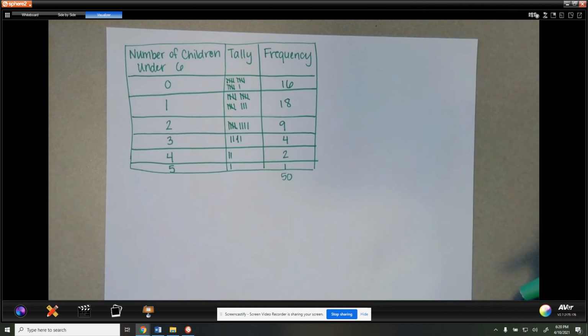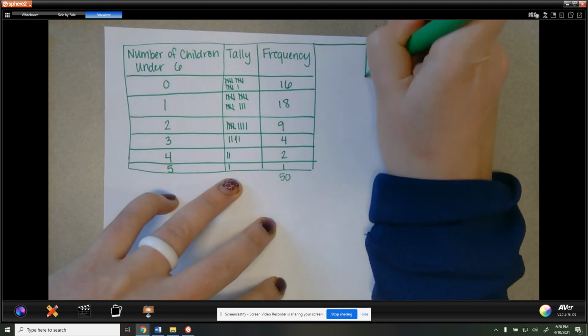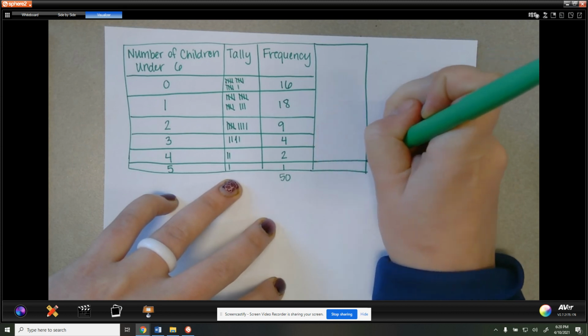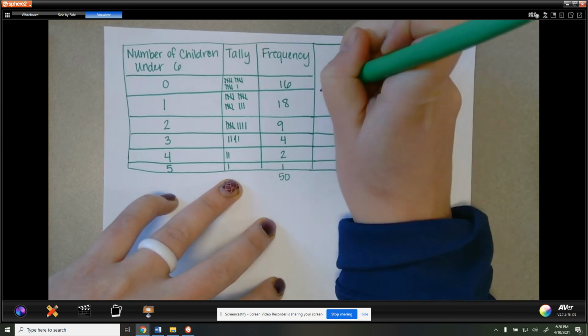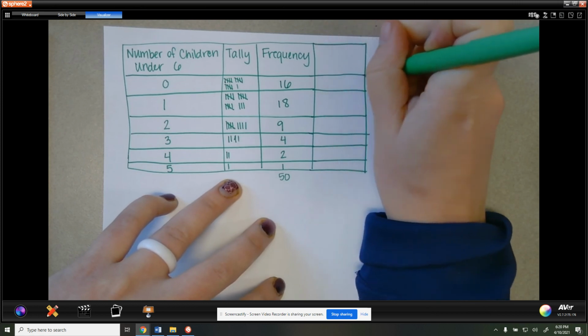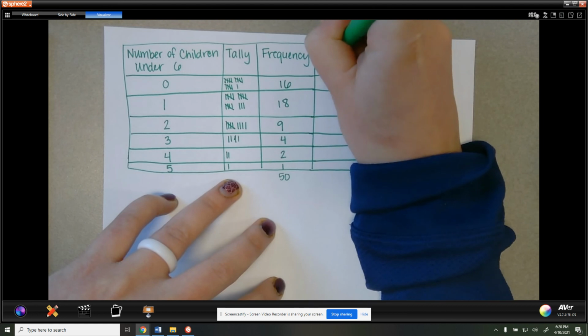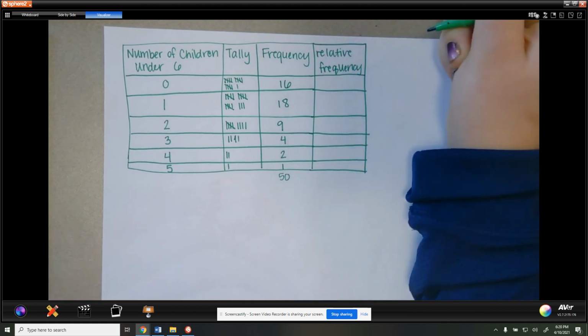I'm going to add one more column though here, and let's talk about relative frequency. So this one now is relative frequency, which is our frequency divided by the total number of data points.